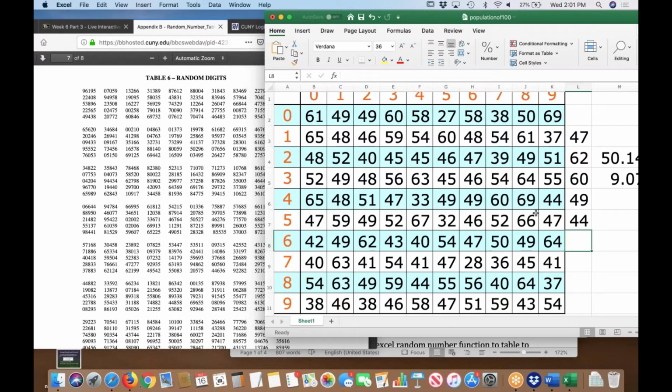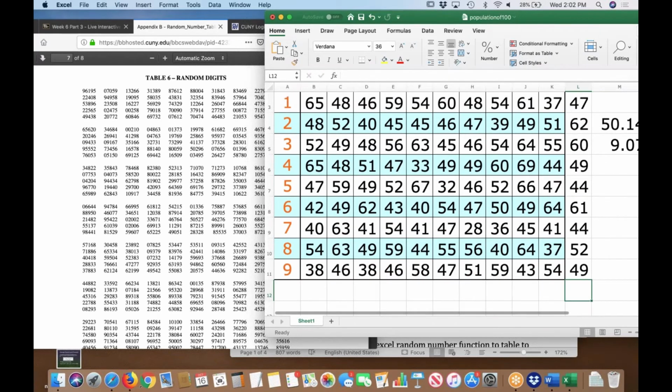There was 0, 6, 1. 8. 1, 2, 3, 4, 5, 6, 7. Okay, a couple more. 2, 2, 4, 6, 8. One more. Kind of lost track of where I was, but I'll just use whatever I come across here.